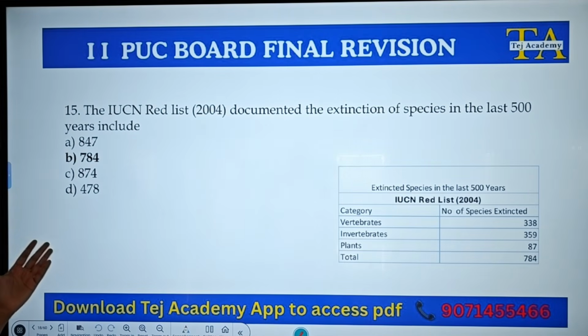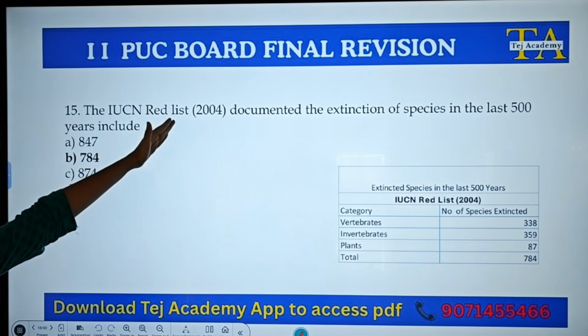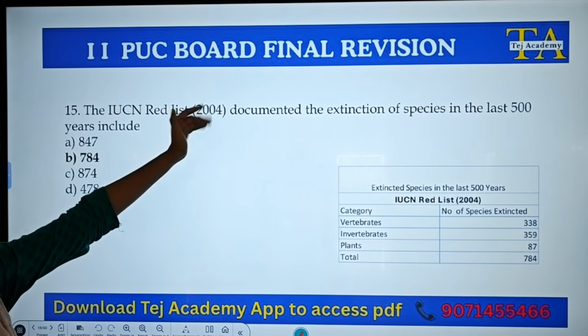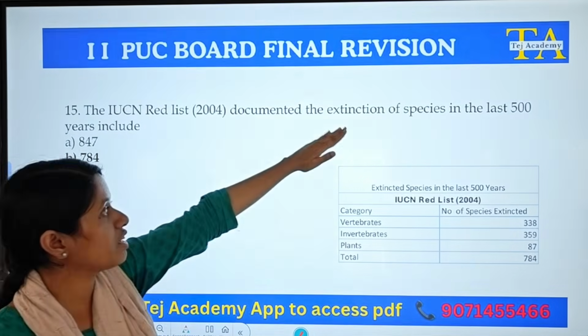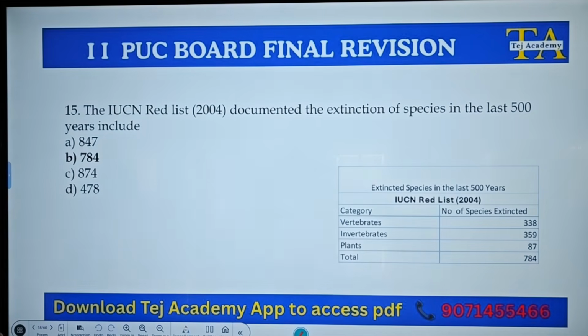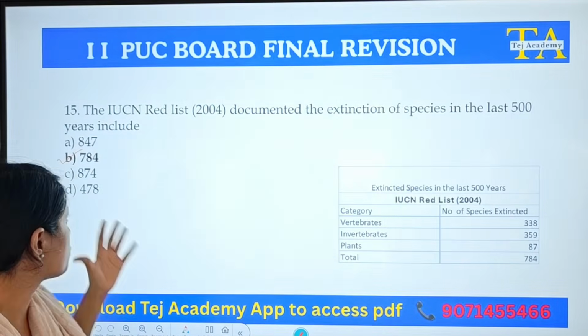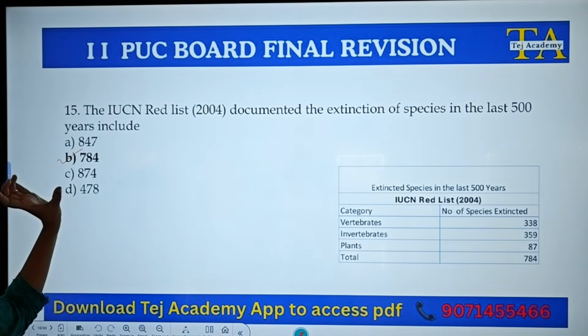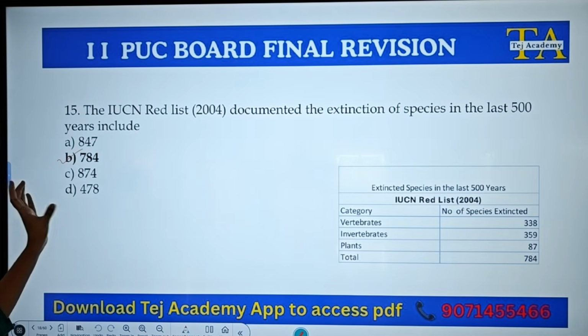The next question is, the IUCN Red List released in 2004 documented the extinction of species in the last 500 years include how many number of species? Okay, the answer is 784, and here the option is B. So how do we get to know the total number of organisms that got extinct in the last 500 years?